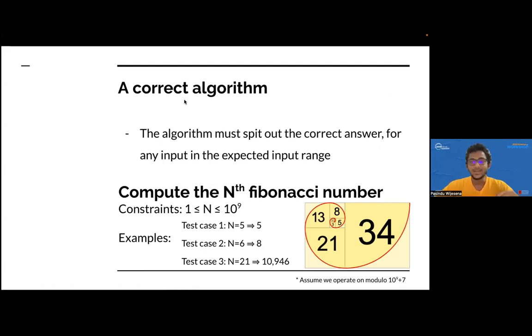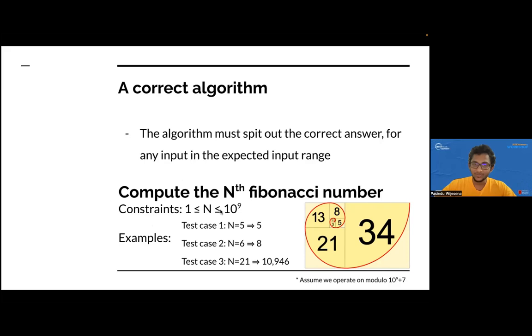So a correct algorithm is an algorithm that spits out the correct answer for any input in the expected input range. So I have restated our problem in this way. We are being asked to compute the nth Fibonacci number, and we have also been given some constraints.